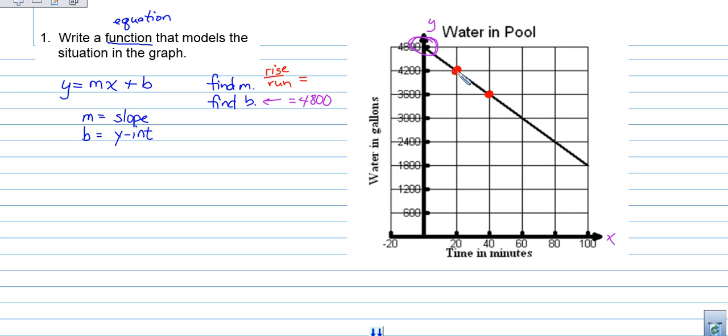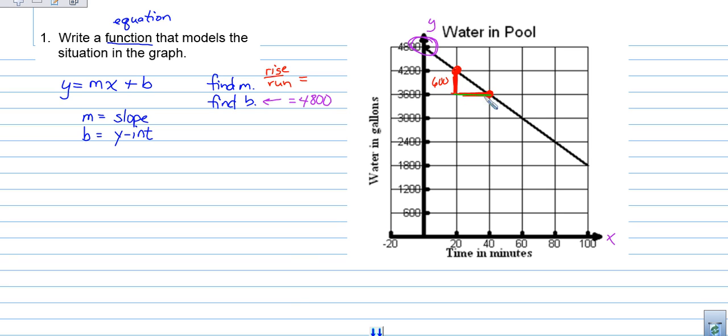So if I look, it goes down one square, or I guess one rectangle, but is going down one really going down just one? No, it goes from 4200 to 3600. That's down 600. So make sure you know where they go.